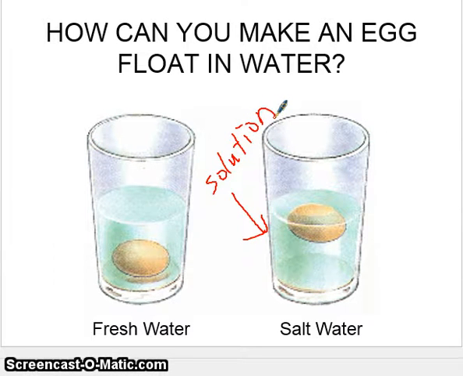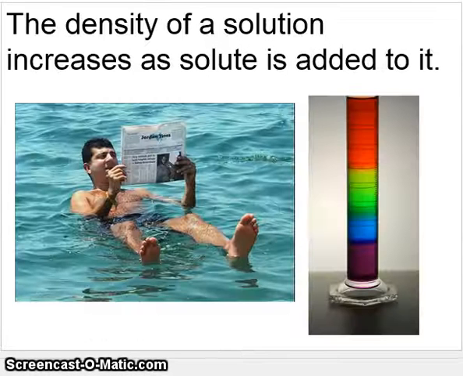And this is very logical, because if you have yourself a solution, you've added mass to your water, and now you have a higher amount of mass for the same amount of volume, and your density is greater. And that egg, which still has the same density as before, now feels lighter compared to the water. So the idea here is this, that the density of a solution increases as solute is added to it.